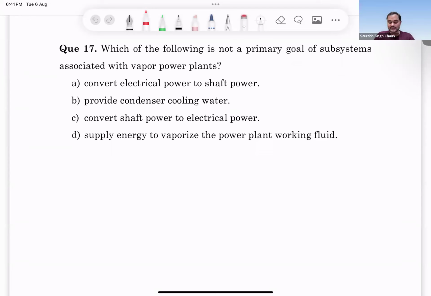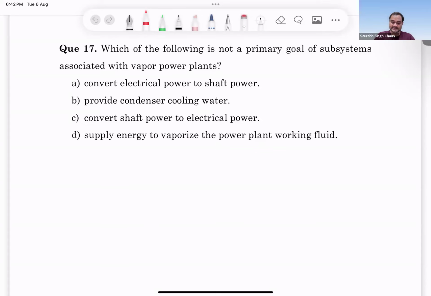How are we converting? First, we are making steam out of water. Then we are using that high pressure, high temperature steam to run a turbine, and we are getting some mechanical work. So this is the main objective of a vapor power cycle, to convert some part of heat into work. Obviously, there is some heat rejection.